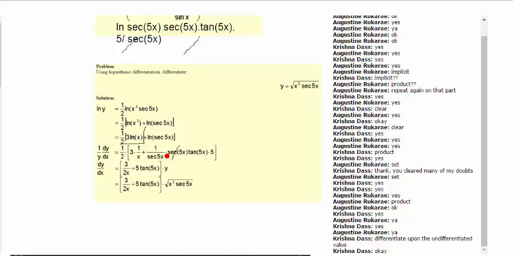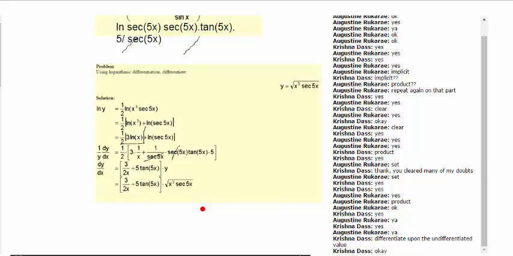And we will be left with, now this half has been multiplied, so I can do 3 over 2x plus, now I have 5 tan 5x. This whole thing will be now multiplied by y because I have to bring this y from here to here. And then I have to substitute my y back. That's the answer.